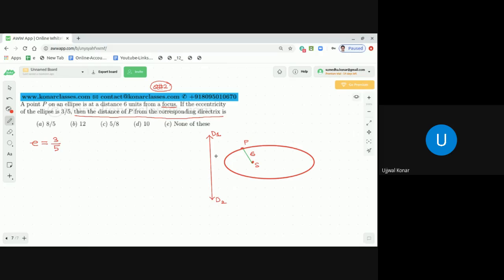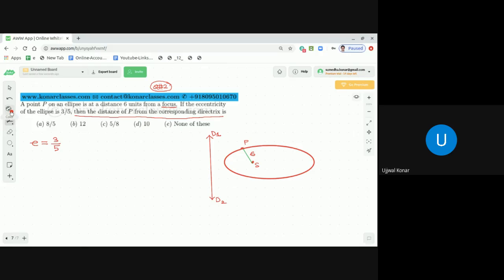Distance means, as we always know, a perpendicular distance. Whenever there is a statement about the distance from a point to a line, it is always a perpendicular distance. Otherwise you can have many distances, but we should only consider the perpendicular distance unless otherwise mentioned.